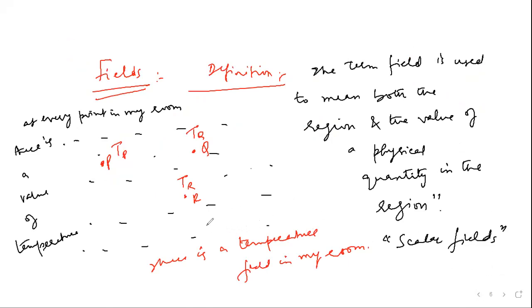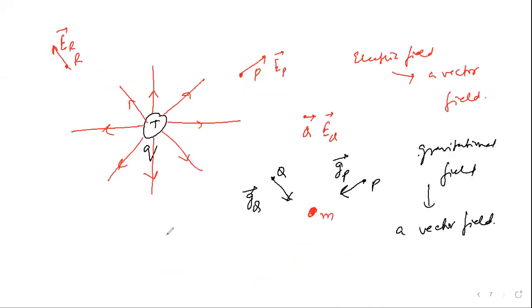There can be scalar fields if the physical quantity concerned is a scalar. There can be vector fields if the concerned physical quantity is a vector, right?